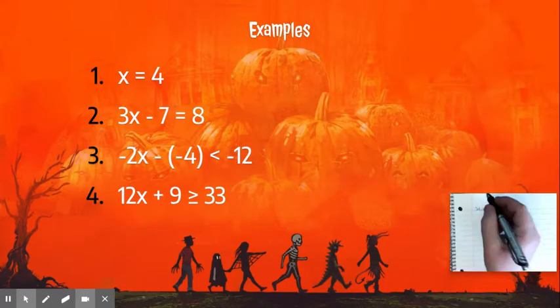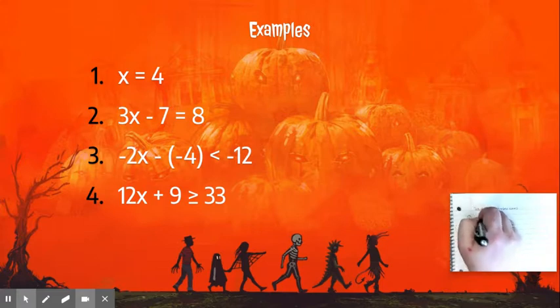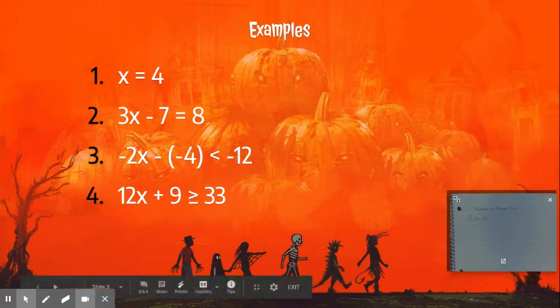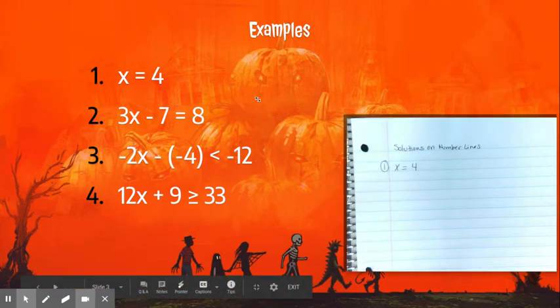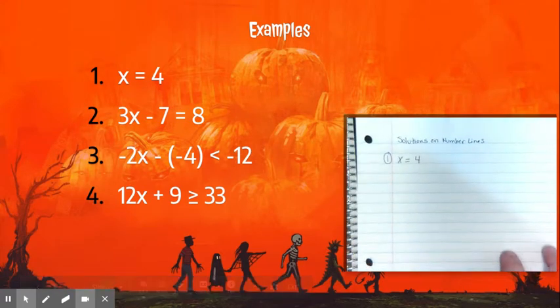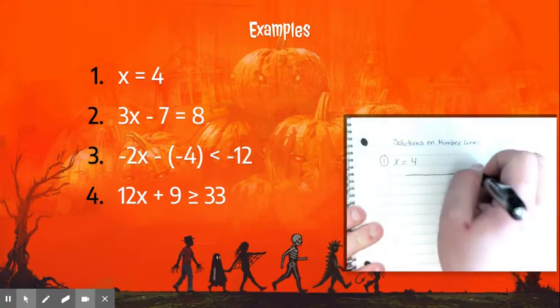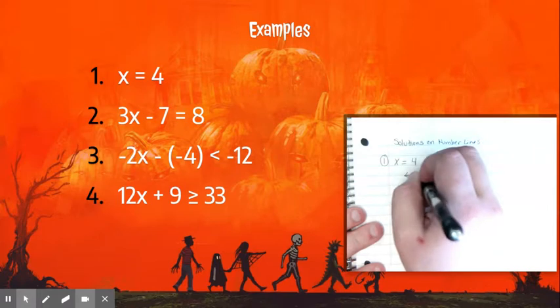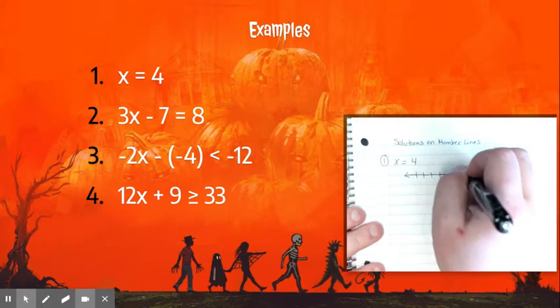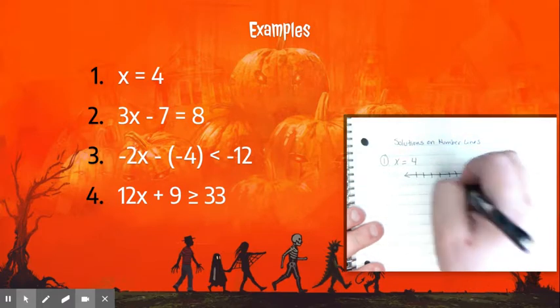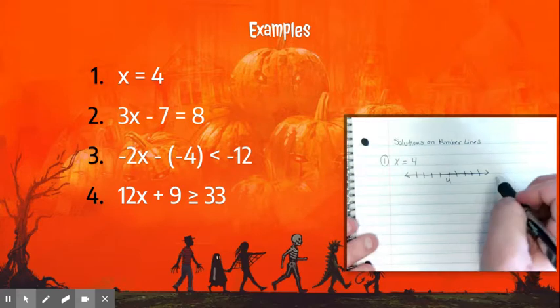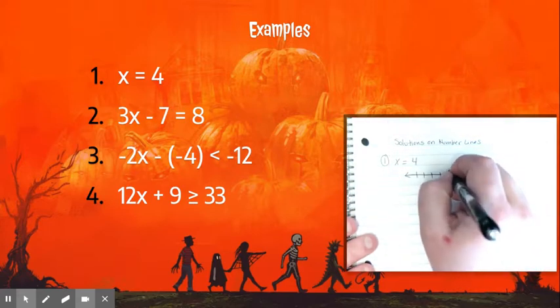So number one is just x equals 4. That one's easy, right? Okay, x equals 4. It's already solved for you. I don't have to do any solving. So my number line, okay, we're going to say 4 is right there, right in the middle. So if it's an equals to, it's just a dot.